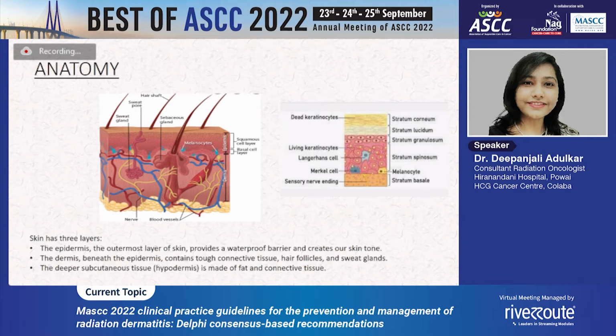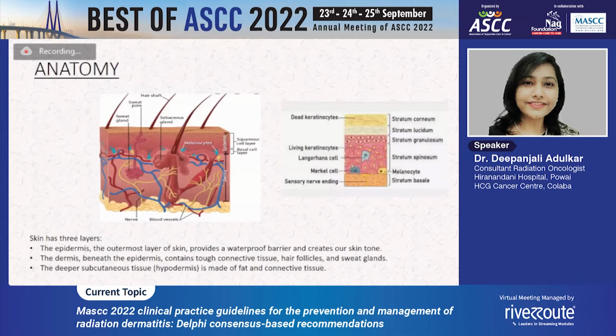The epidermis is the outermost, protective layer, and it is made up of five cell layers: stratum basale, the stratum spinosum, which has Langerhans cells, Merkel cells, and living keratinocytes, above which are stratum granulosum, lucidum, and corneum. The corneum has the dead keratinocyte layers.